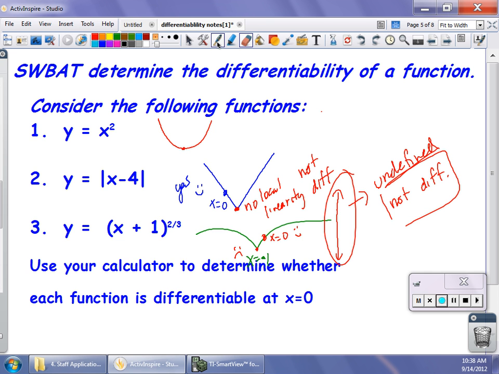If I were to draw the tangent lines at various points, here, here, and here, what you would notice is that on the left-hand side, those tangent lines are basically moving me towards a tangent at x equal to 0. And eventually I will get that horizontal tangent.